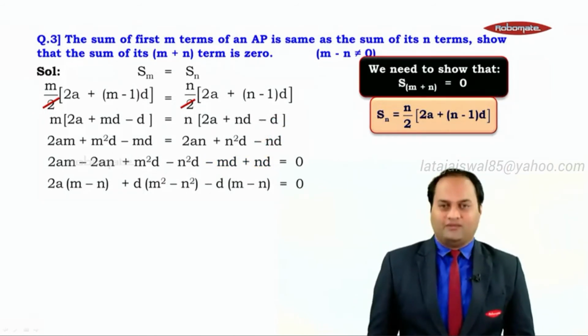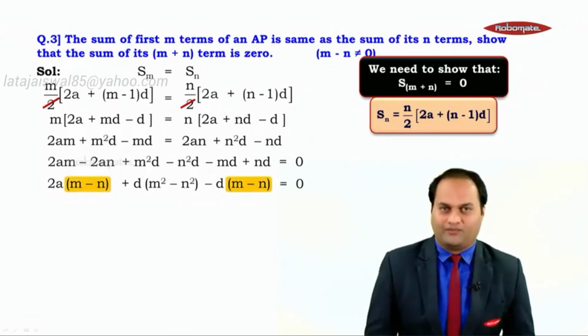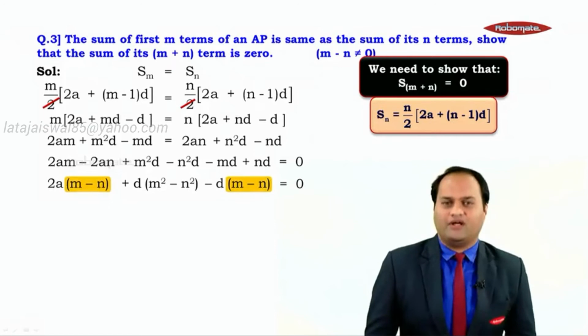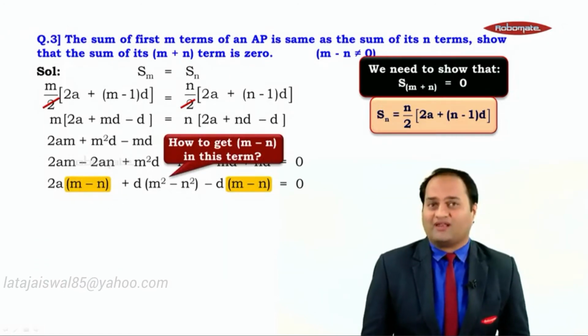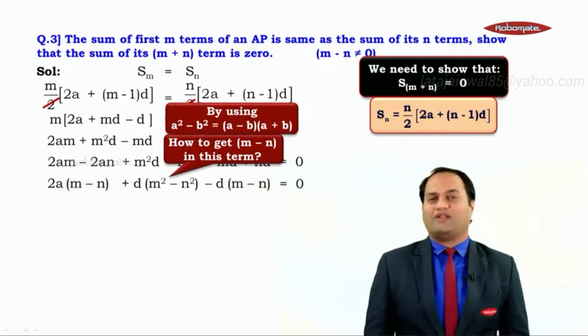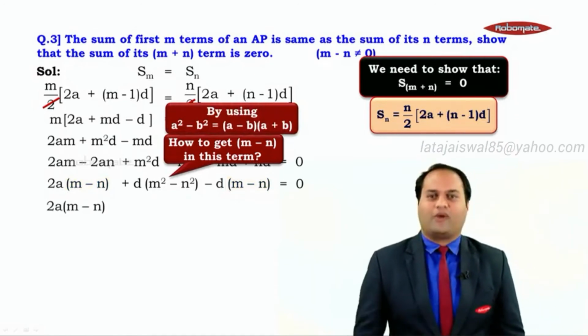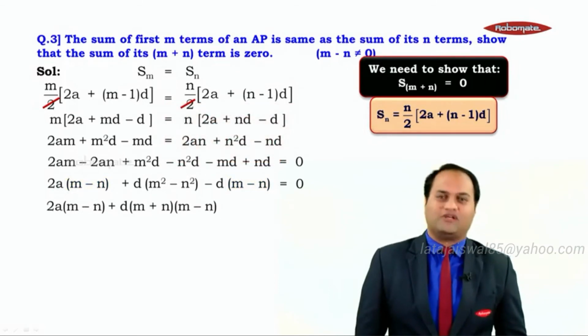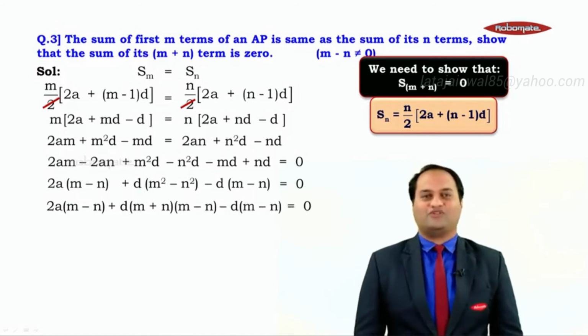Now you can see in the first term and in the last term there is m minus n already common. Now just observe the middle term. Can we get m minus n here also? Yes, we can, by using the formula a square minus b square, which is a plus b into a minus b. So m square minus n square can be written as m plus n into m minus n is equal to 0.